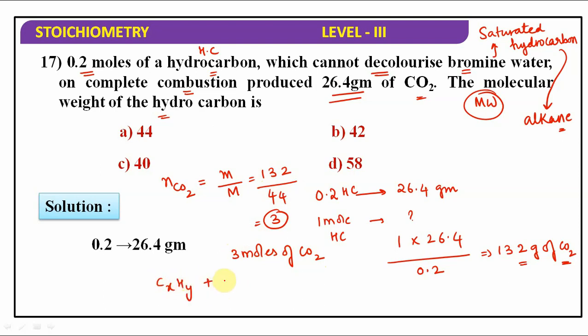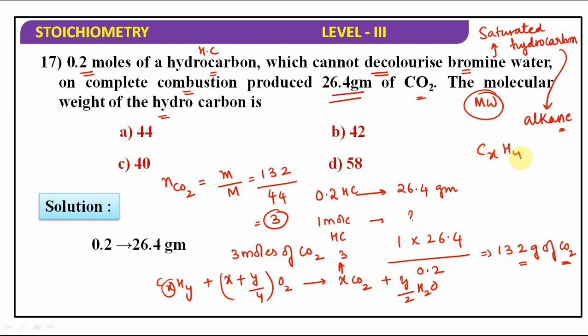CxHy plus (x plus y by 4) O2 giving rise to x CO2 plus y by 2 H2O. Hope you remember this combustion equation. x moles of CO2 means x will be equal to 3, no? So CxHy will be C3.